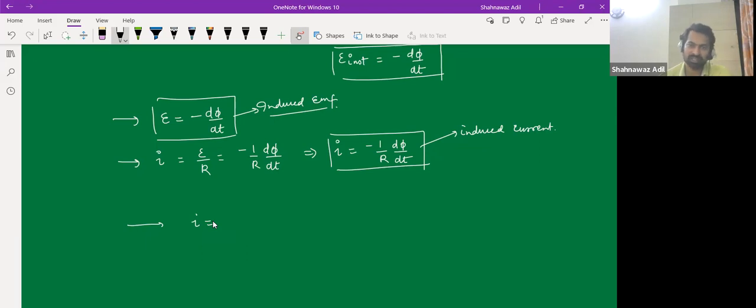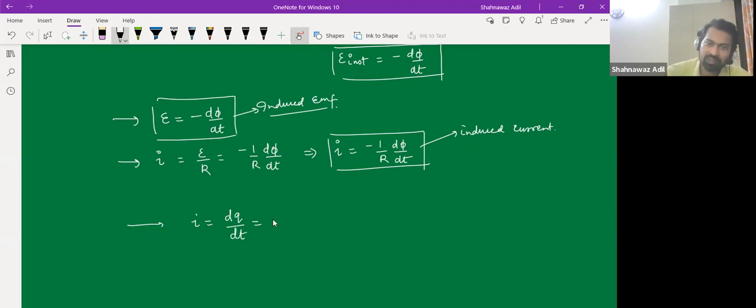Aisha and Mariam, what is electric current? It's the flow of charge, the rate of flow of charge, right? So this is dq by dt.